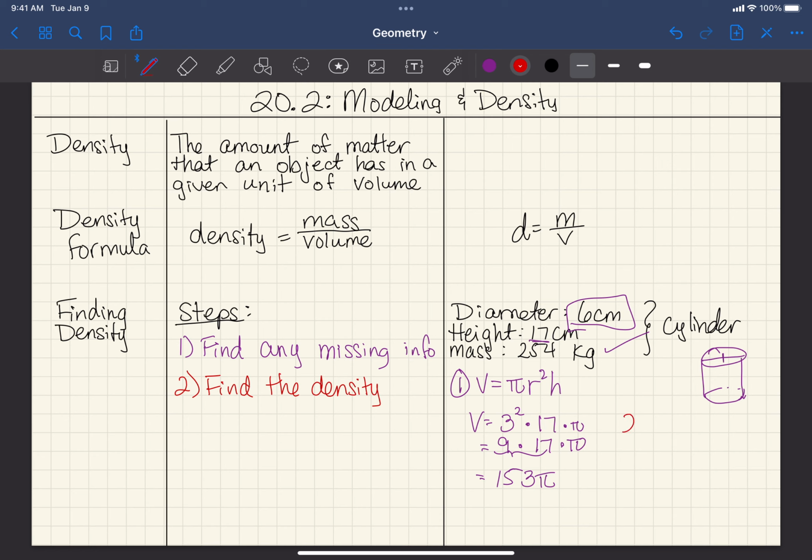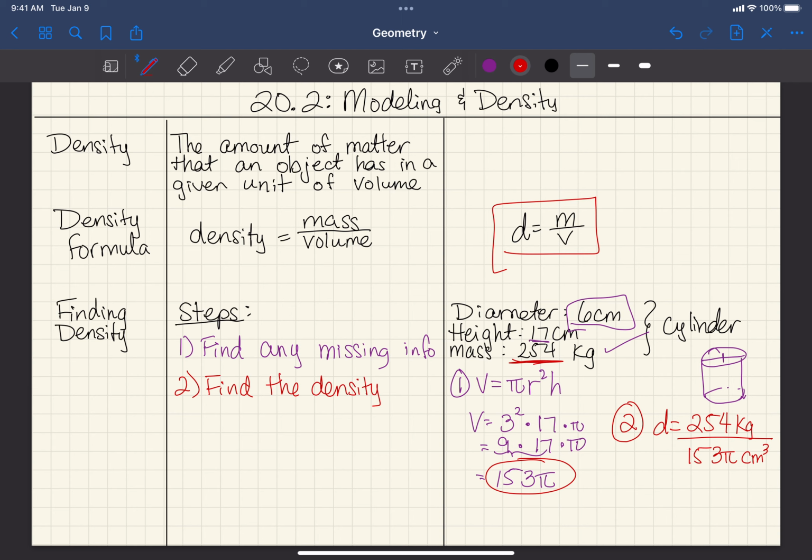So remember that my density is mass over volume. Okay, so I'm going to put D is equal to my mass, which is 254 kilograms, over my volume, which is 153 pi, and it's actually centimeters cubed. Okay, and then when I go ahead and I solve that problem, remember I want to multiply by pi itself.